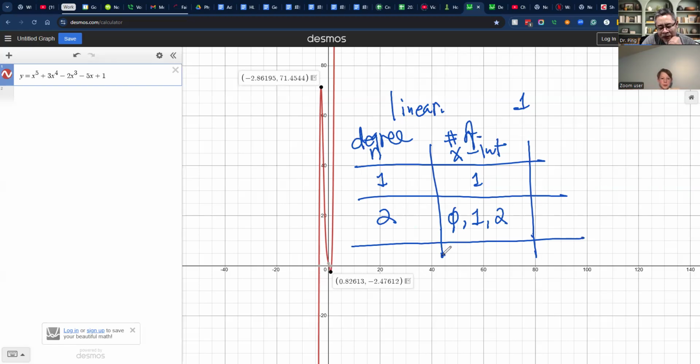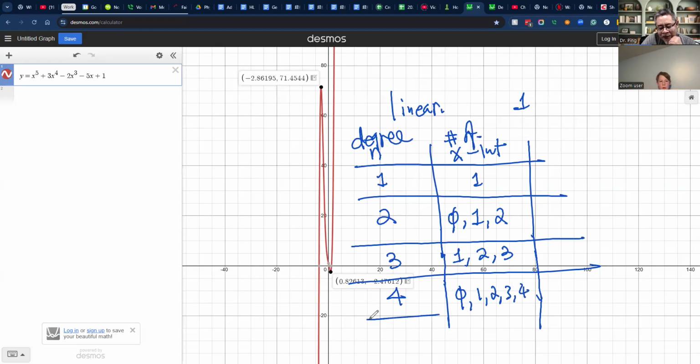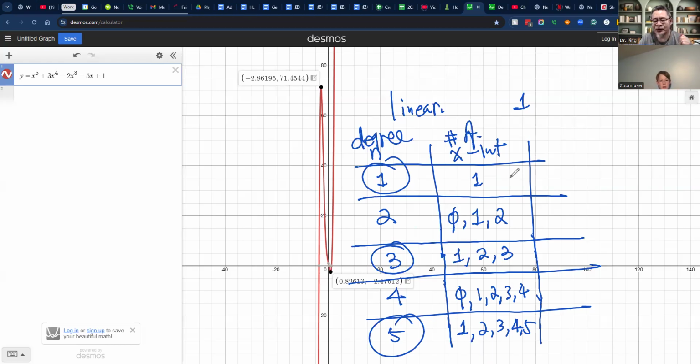If we have 3, we always have at least 1, so it could be 1, 2, or 3. If we have 4, we could have 0, 1, 2, 3, or 4. And if you have 5, if it's odd, we always have at least 1, then 2, 3, 4, and 5. So that's the number of x-intercepts.